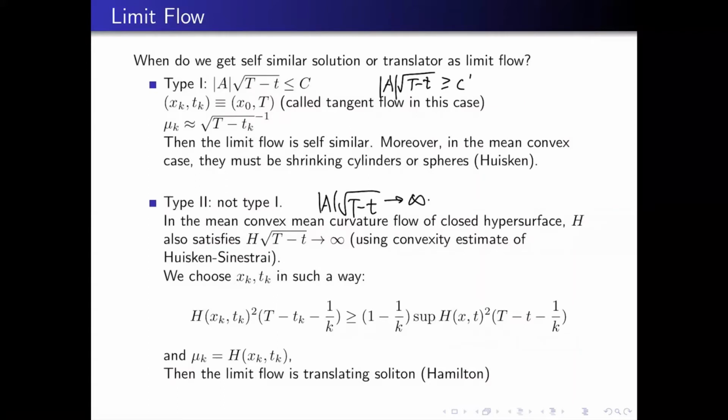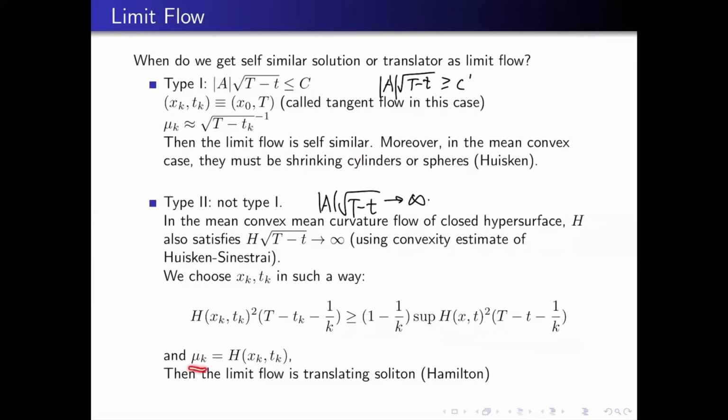is a little bit less than the singular time. And then the mean curvature has to be bounded for each k. But of course, as k goes to infinity, this quantity goes to infinity. Anyway, xk and tk are such that this quantity is almost maximal.